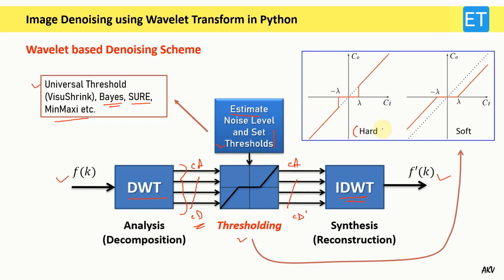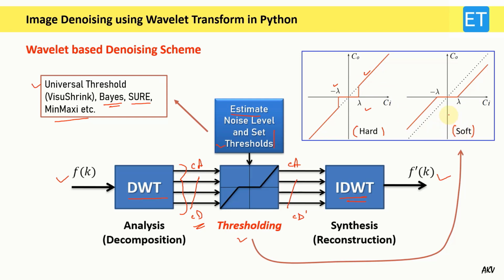We have two ways, basically hard and soft thresholding. In hard thresholding, we shrink the wavelet coefficients like this: in a range minus lambda to plus lambda, if the wavelet coefficients lie in this range, they are zeroed out, and the wavelet coefficients beyond this range remain unchanged.